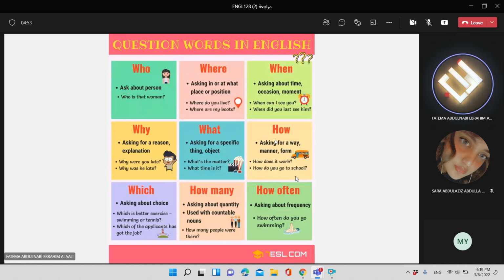Basically, the sentence contains a subject, verb, and an object. And to form a question, we have to put a helping verb, and it depends on the tense. If it is present simple, we use do or does. It depends on the subject.